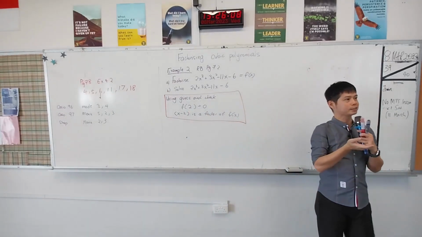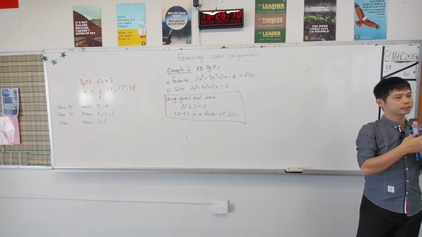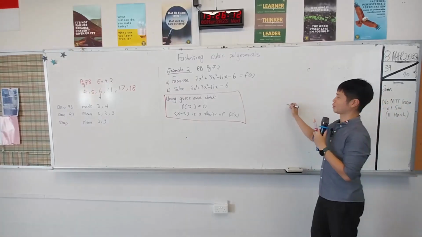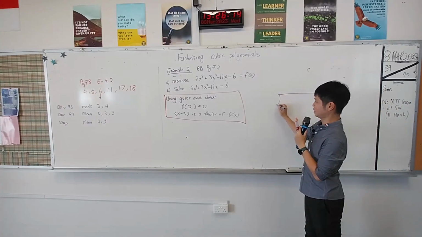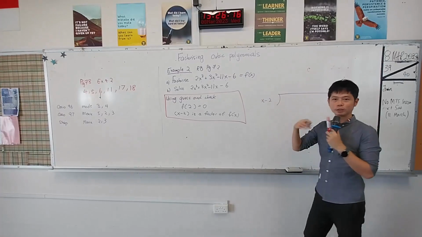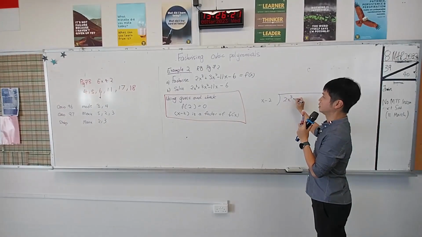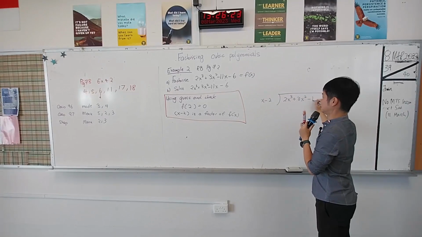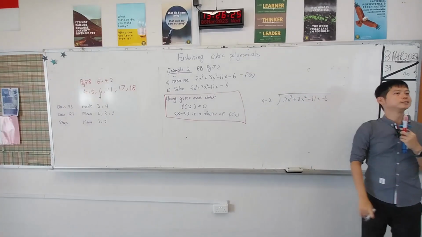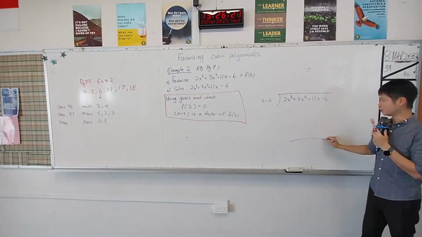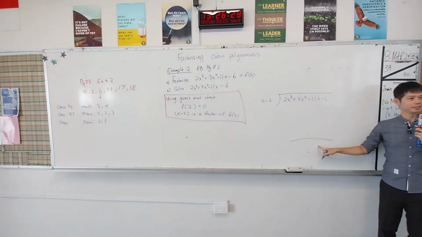So what do you think I'll do next in order to factorize? Now you see where all these are linked. I will do a long division, and I will have the dividend, which is my f(x). What do you think is at the bottom towards the end? The remainder, right? So what do you think is the remainder?